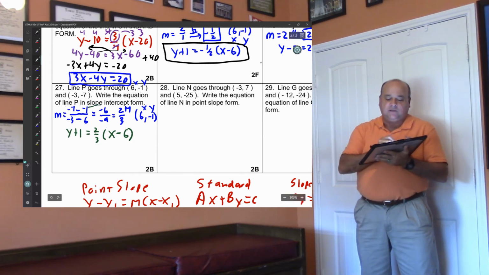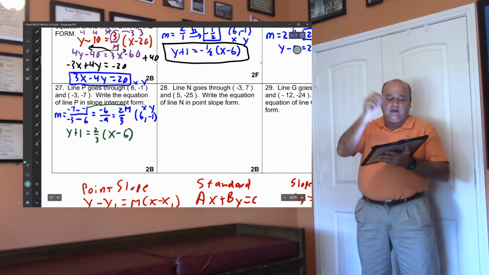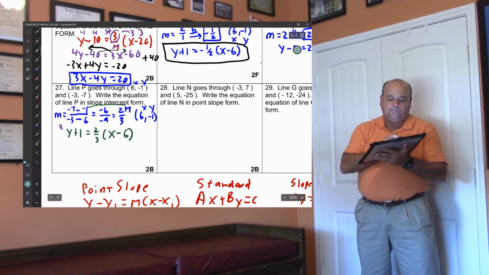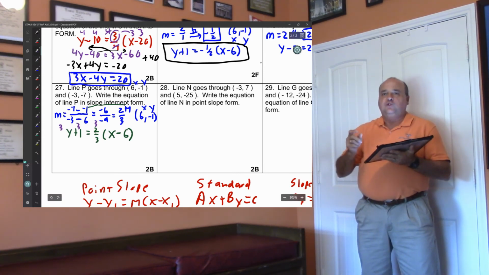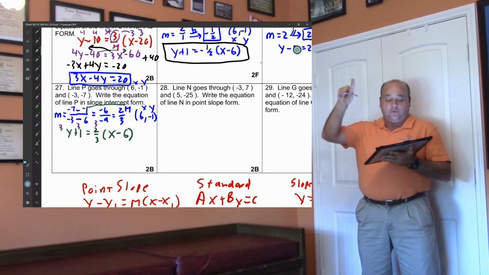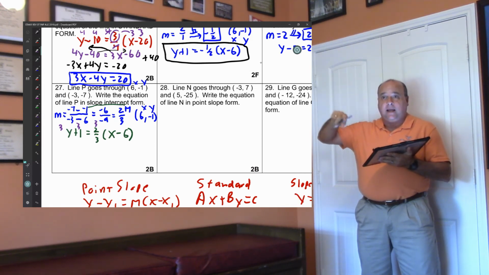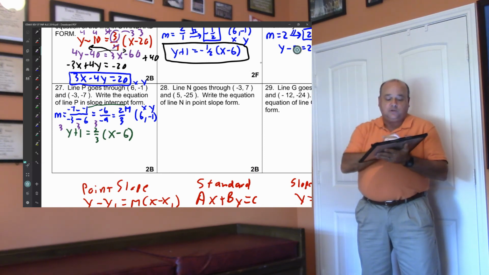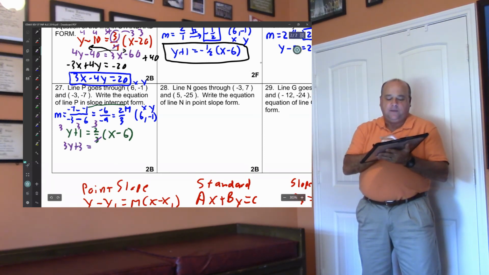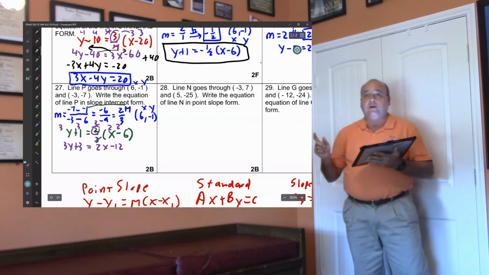Now then I want this in slope-intercept form. So I need to bluebell truck the 3, right? So I'm going to multiply the y plus 1 by 3, and the 3's on the right will cancel out, and I'll bluebell truck the 2. So 3 times y is 3y plus 3 equals, these cross out, and I'm going to bluebell truck my 2. 2x minus 12.